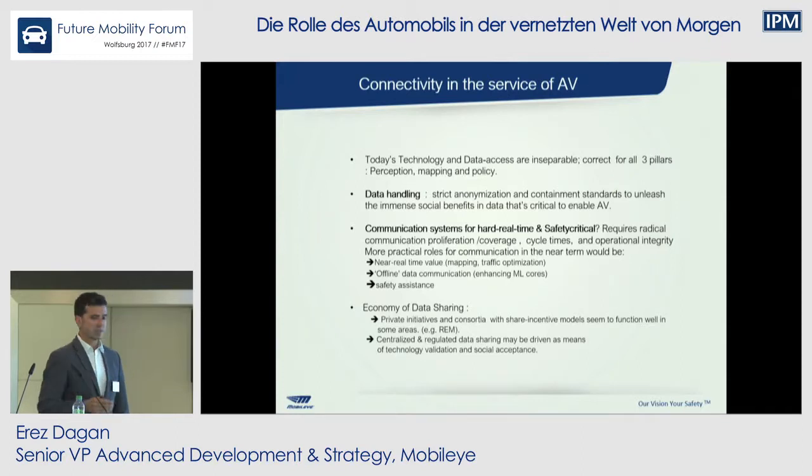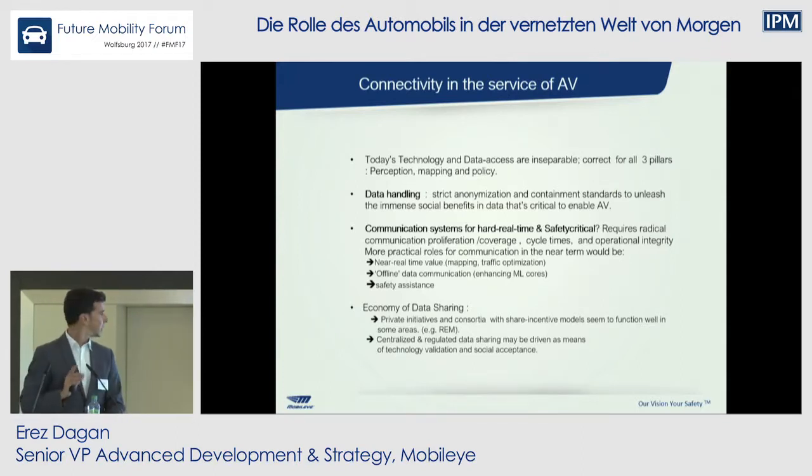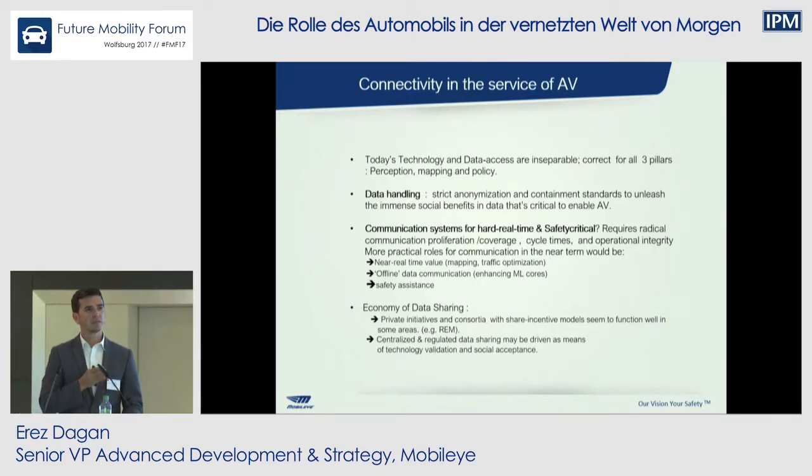And last, of course, is the economy of data sharing. In REM, road experience management, that's the crowdsourced mapping that I shared with you, we've been able to establish an economic model that incentivizes the market players. We created a marketplace for them to upload data from their vehicles and to take part in the revenues coming from that asset.